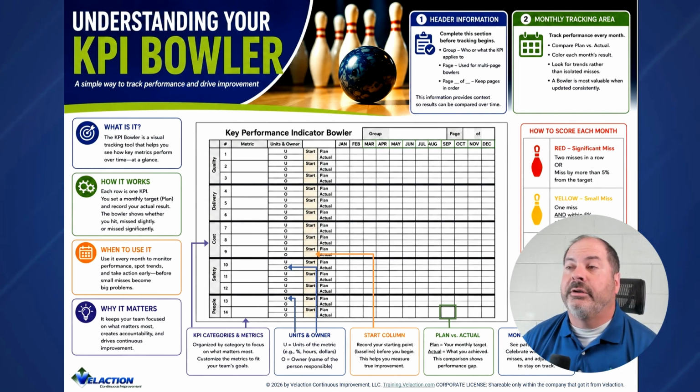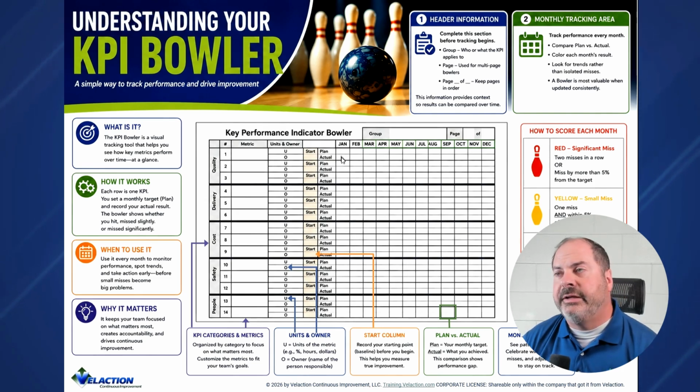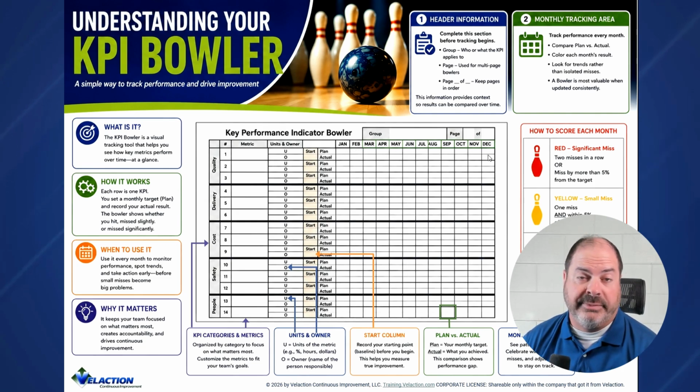You put the start of where you're actually beginning the journey at, and then you have your plan. Generally the January and the start are going to be very similar, but then you're going to have the end of January. So this is the beginning of the month and then the end of the month. So the idea here is that your plan will not be linear, because you want to have a plan behind each of these growths.